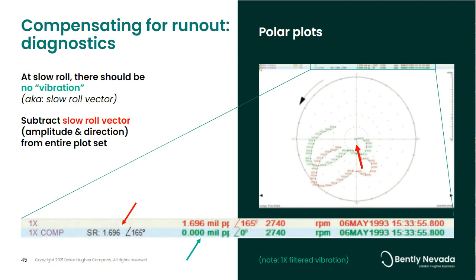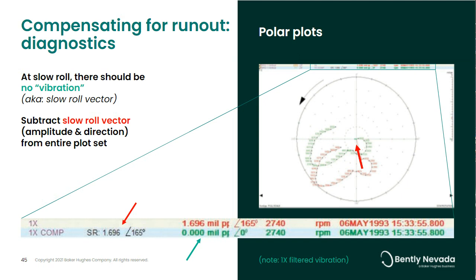As we established, when the machine is at slow roll and there's no dynamic effects operating on it, any signal that's there is what we would consider runout, the total indicated runout. We can then use that signal and compensate for it. We can make the assumption that at slow roll there should be no, quote unquote, vibration.